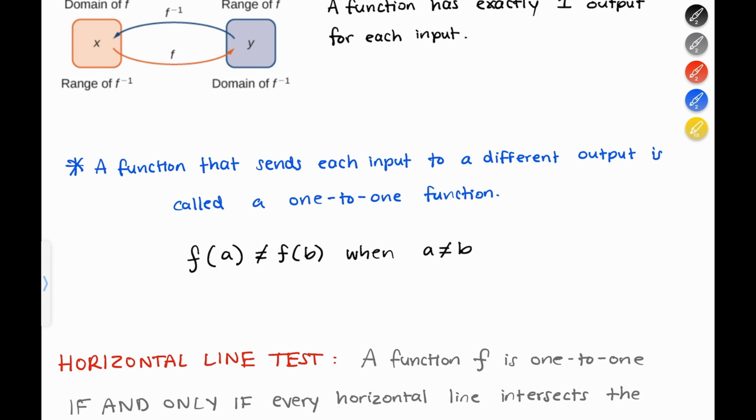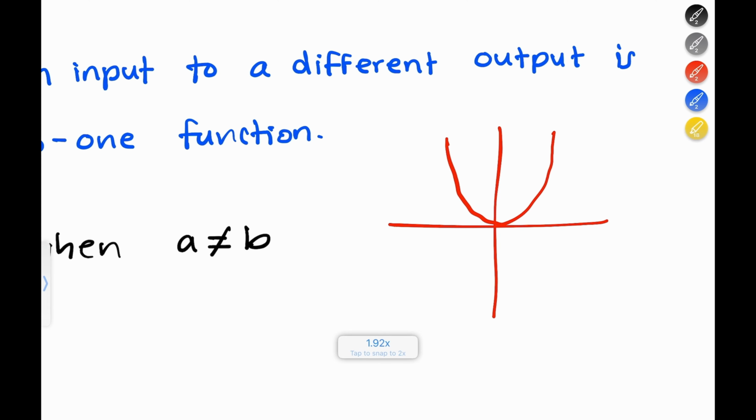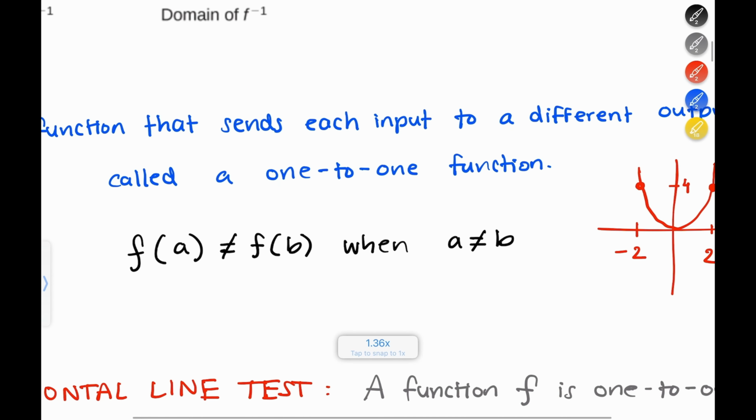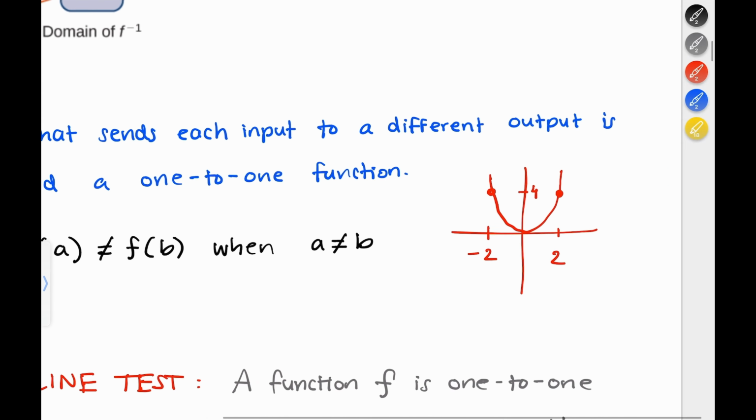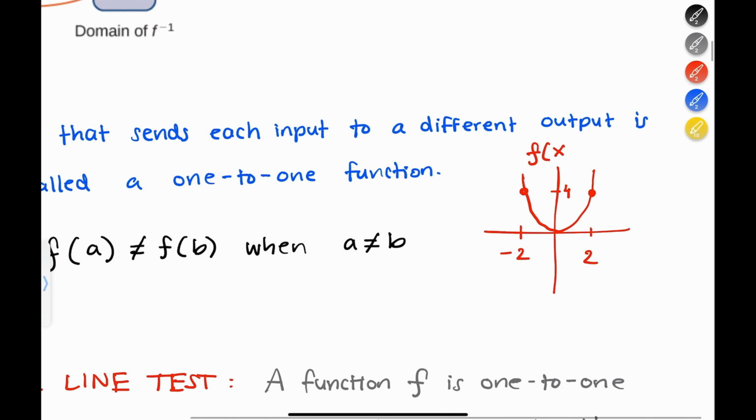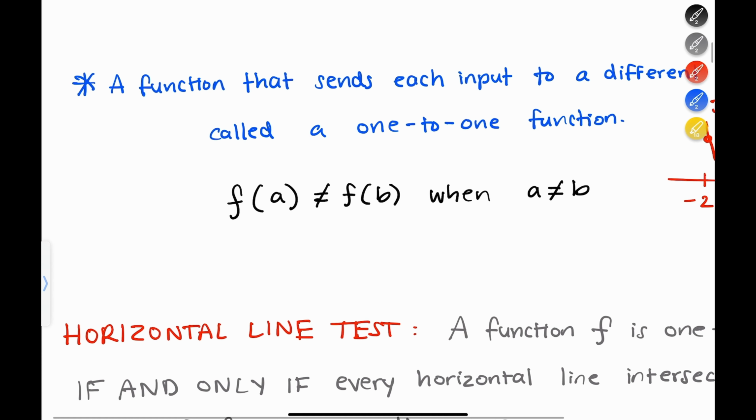A good example of a function not following this one-to-one property is a parabola. This is because if this was -2 and this is 2, and then over here we have 4, let's say this is our f of x, so f of -2 is the same exact thing as f of 2.